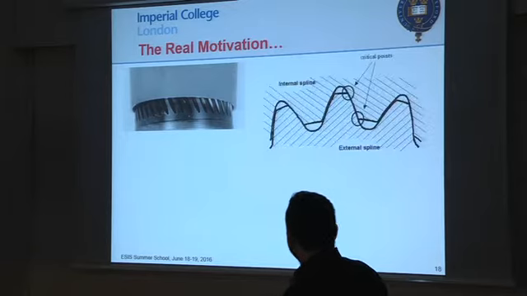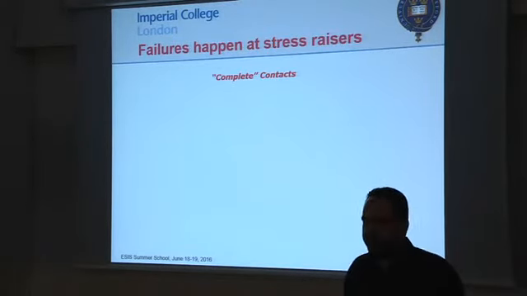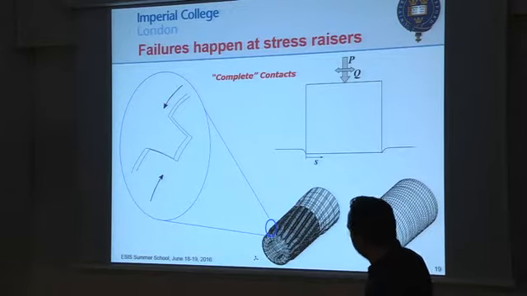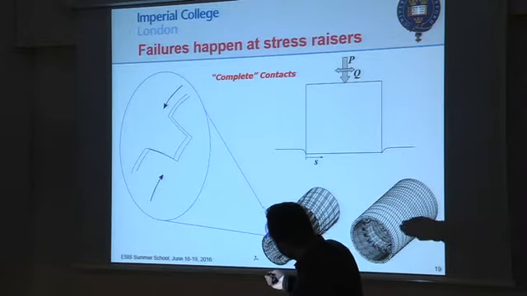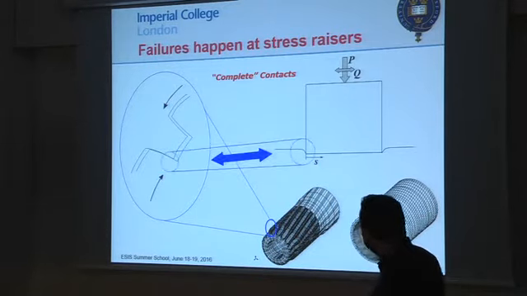Whilst in these, they're called complete contacts. That doesn't happen. If you look at individual teeth indenting with each other, these teeth have sharp features here. Say you're now zooming into one of these corners, it looks a bit like this.